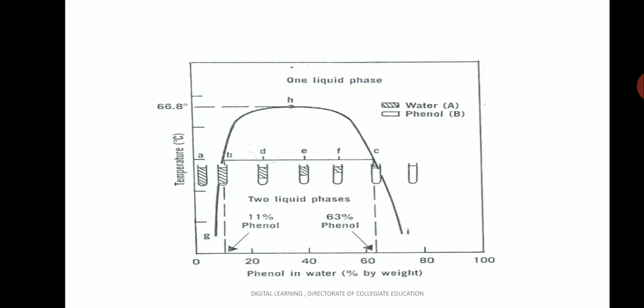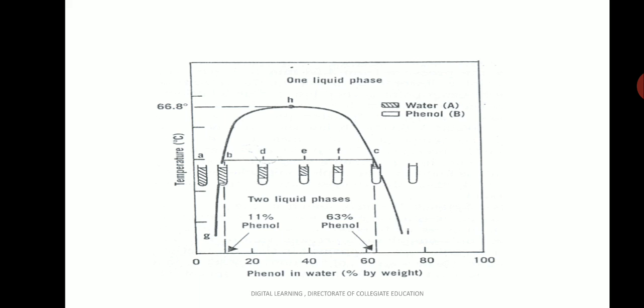As we increase the quantity of phenol, or as we proceed from point B to C, we get systems in which the amount of the phenol-rich phase continuously increases. At the same time, the amount of the water-rich phase decreases. Once the total concentration of phenol exceeds 63% at 50 degrees Celsius, a single phenol-rich liquid phase is formed.